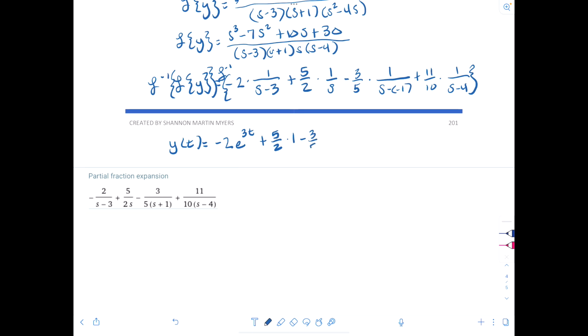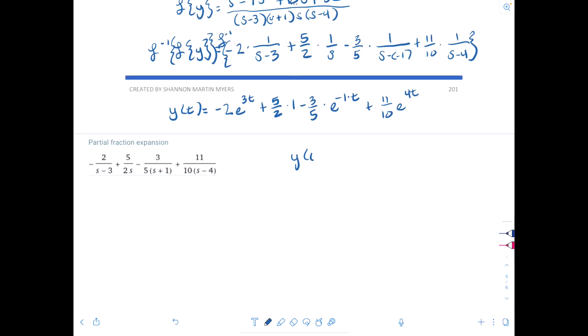Minus 3/5 times e to the negative 1 times t plus 11/10 times e to the 4t. And these are the inverse transforms.